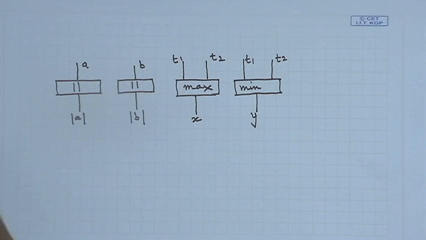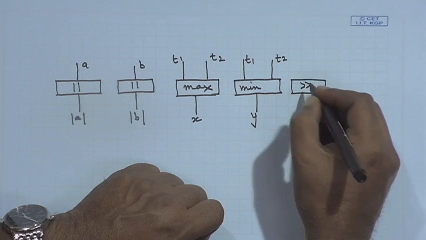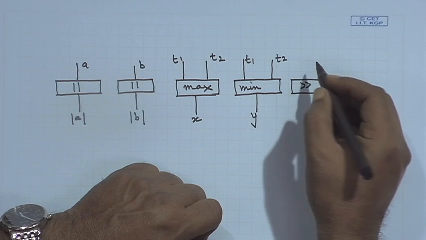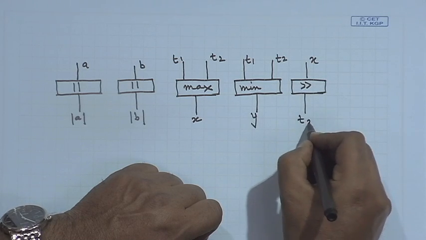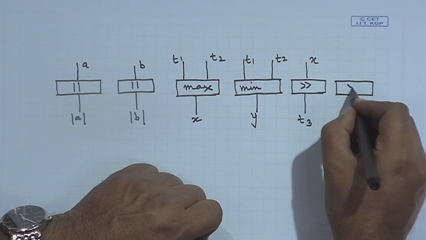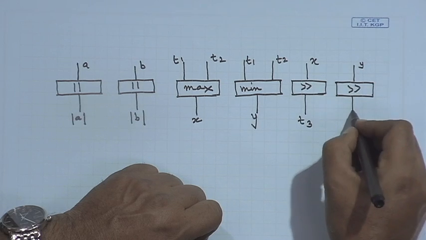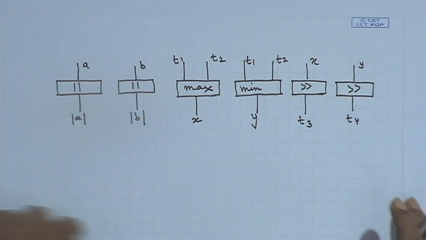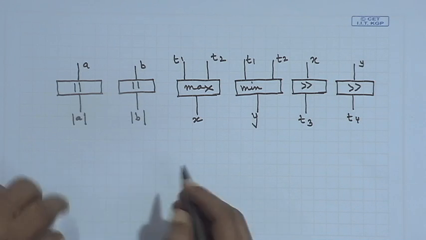Now, here I have got a shifter and that shifter has got input x and output is T3. I have got another shifter whose input is y and output is T4. What else is left? Plus and minus.